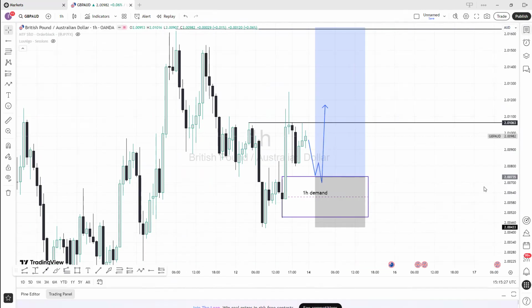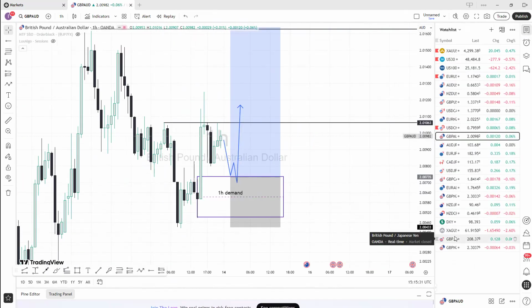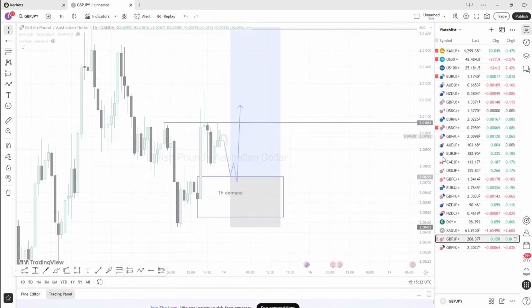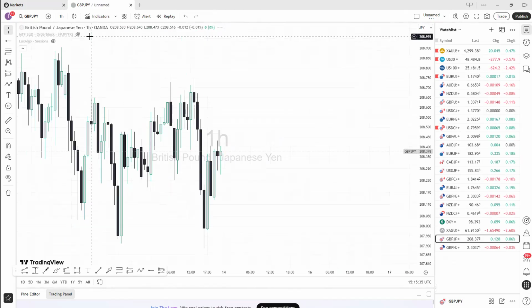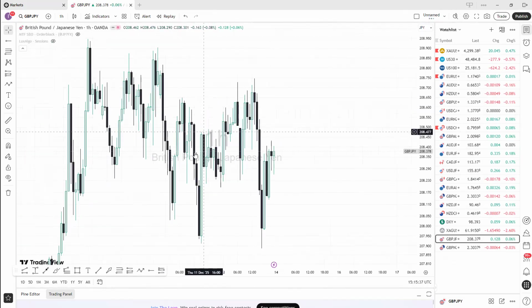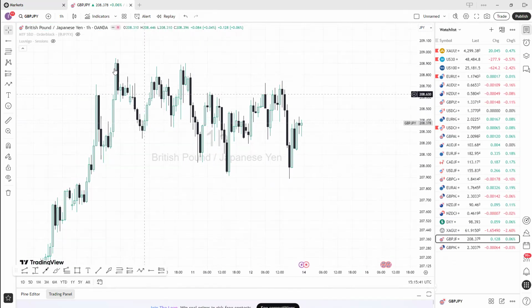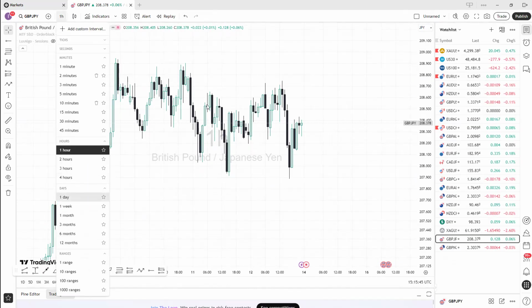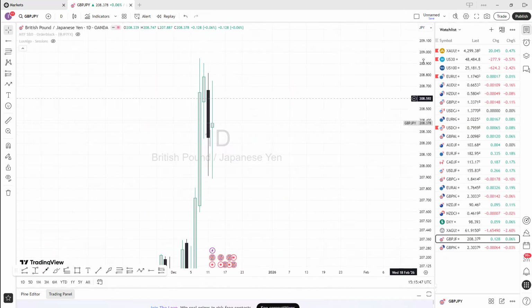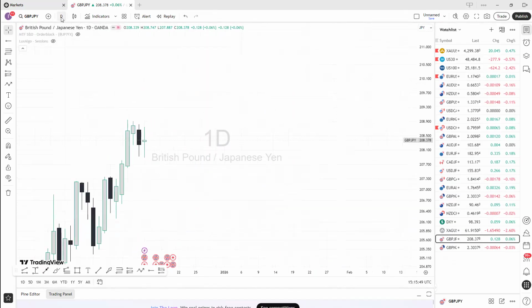Another pair you can see is GBP JPY. There is a huge consolidation over here. Let us go to a higher time frame to see what is available on the daily time frame.